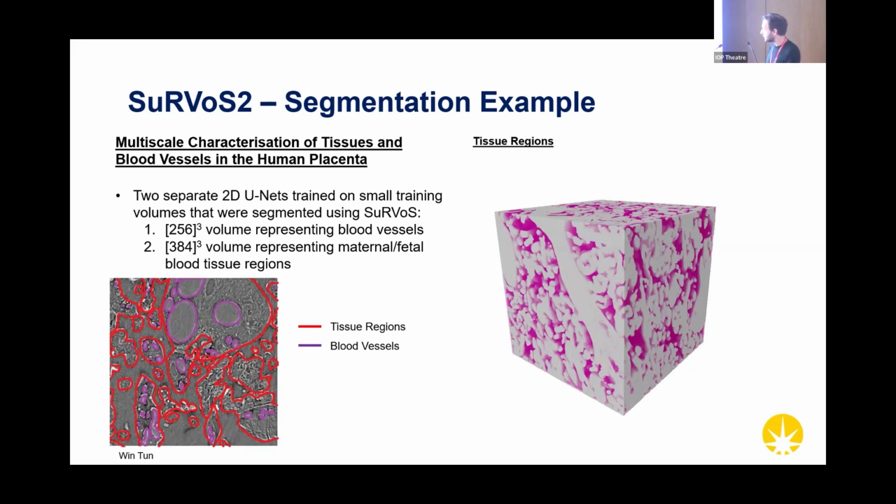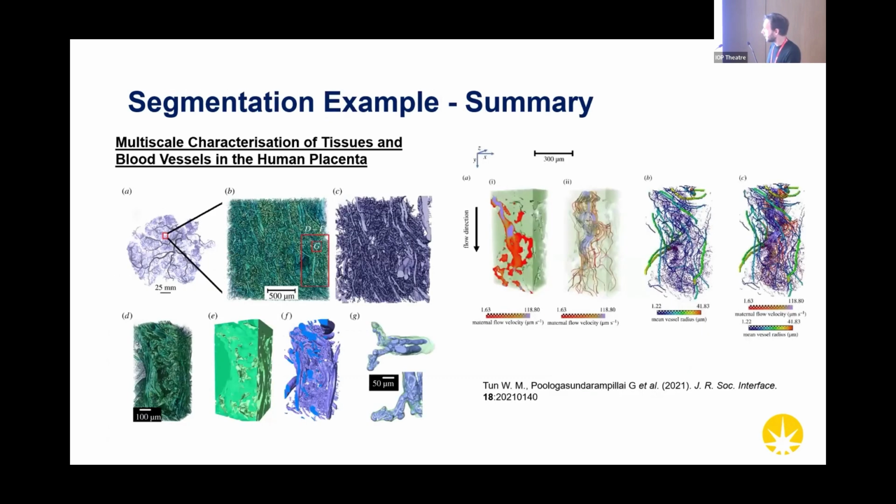And this shows the fetal tissue bathed in sort of maternal blood regions. When we combine these, we can take a look at the interaction between these two different elements in the data, right?